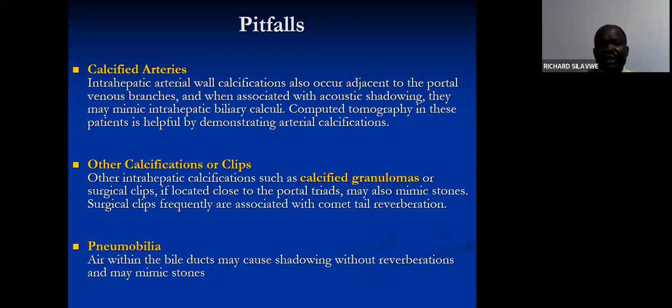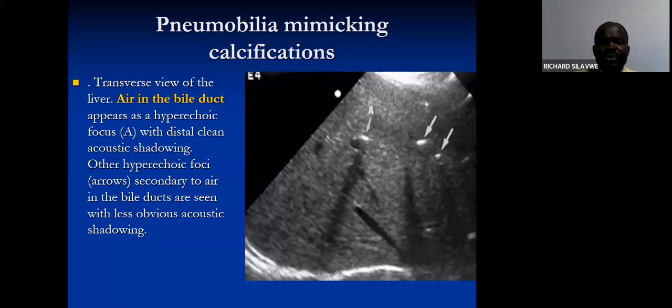So here again, if you find that there are calcifications in the arterial system, you should be able to recommend the CT scan so that we can differentiate if we are dealing with the intrahepatic duct or with the arterial calcification. So these are the calcification.